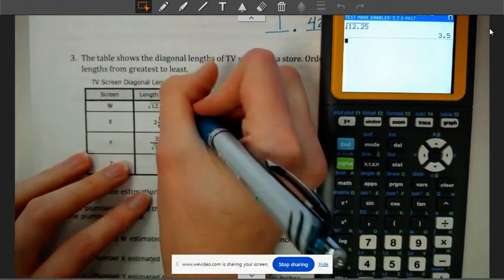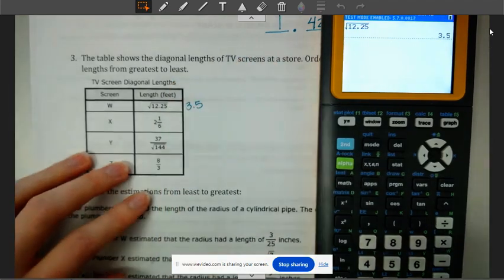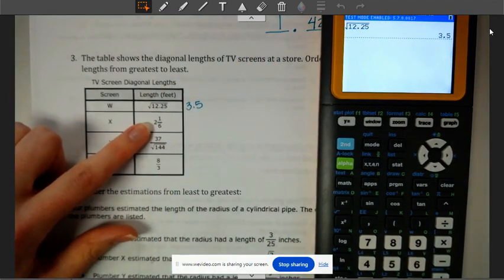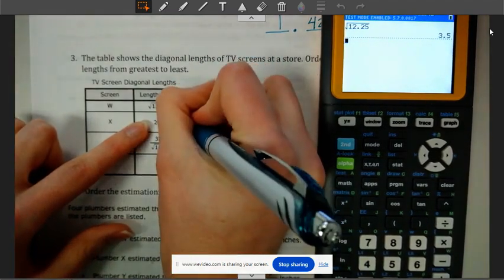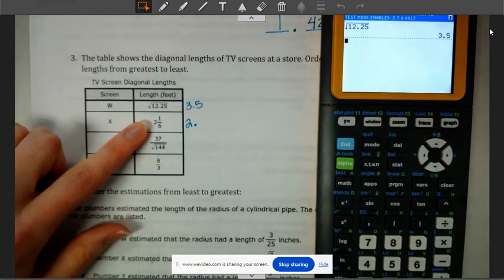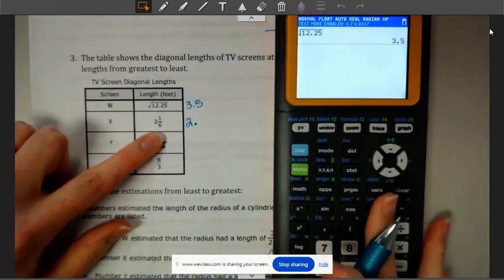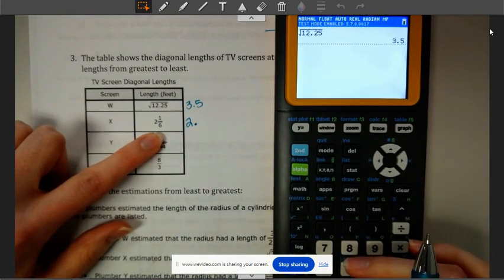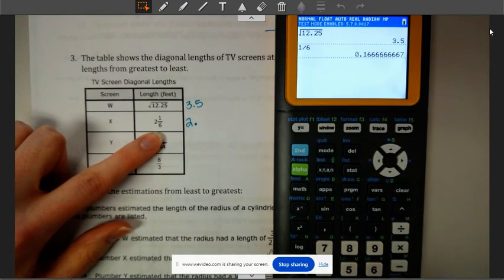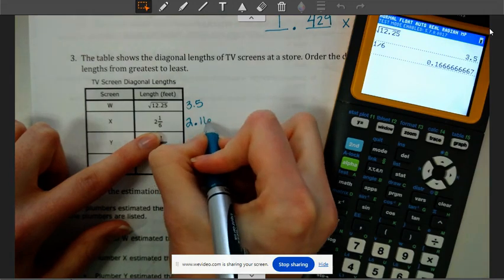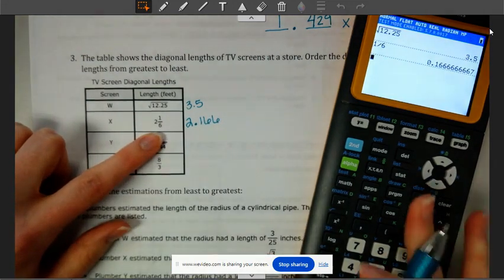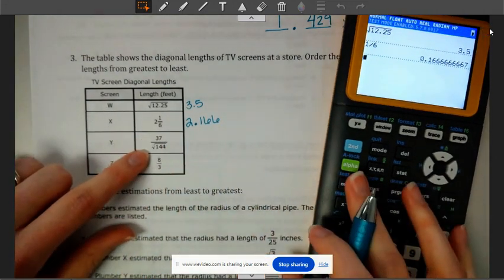So I'm just going to go ahead and write out the decimals afterwards. When you change a mixed number to a decimal, the whole number is not going to change, so I'm going to keep the 2 with the decimal point. To change the fraction to a decimal, I just have to divide the numerator by the denominator, so 1 divided by 6, and I get 1.6 repeating. So we're just going to add that on to the end.